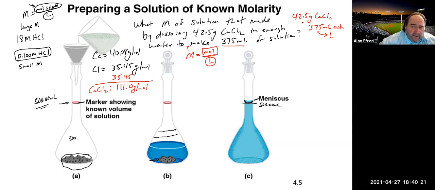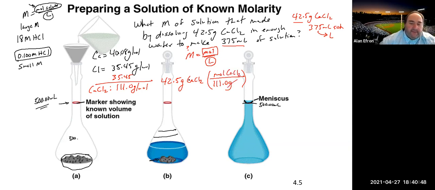So we're going to take the grams and do a conversion. We have 42.5 grams of calcium chloride. We want the grams on the bottom so that they cancel, so we use the molar mass, which is 111 grams per mole of calcium chloride.